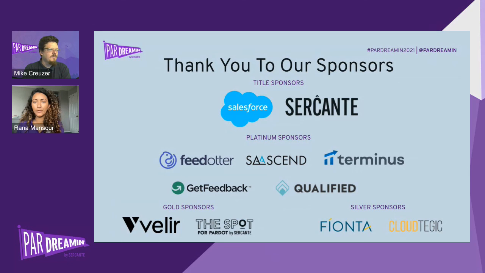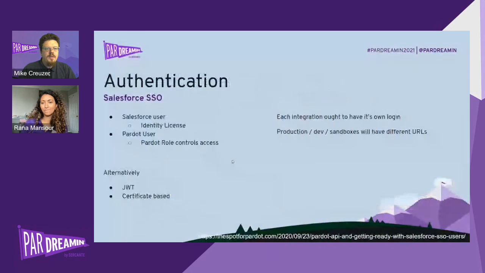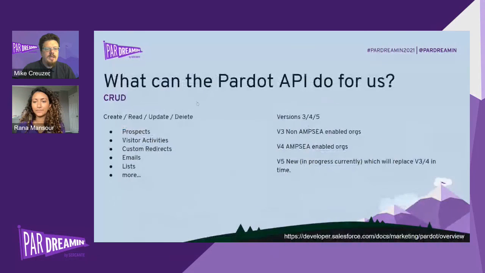I think we have another question. Can I pull a list of all the segmentation lists with all the prospects of each list? We want to see how much overlap we have with our prospects across our departments. Yes, so if we look at what we can do with the API, we can do lists by API, so we can actually pull the list memberships for both dynamic and static lists.